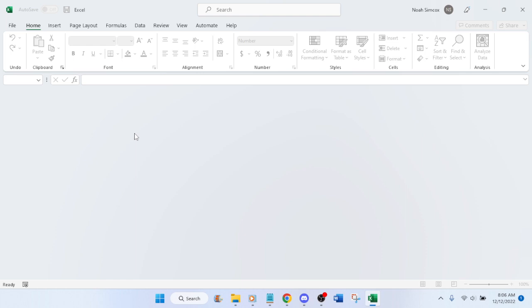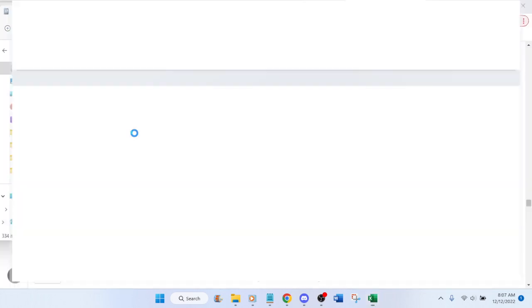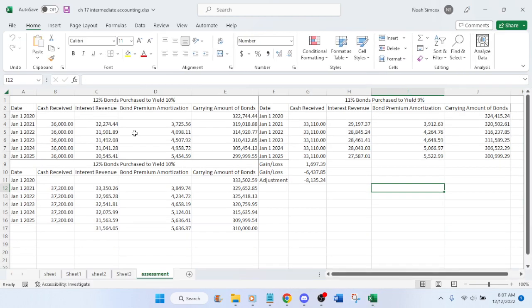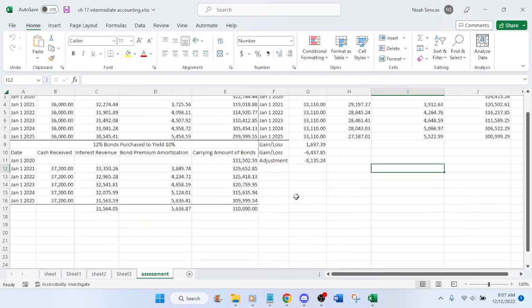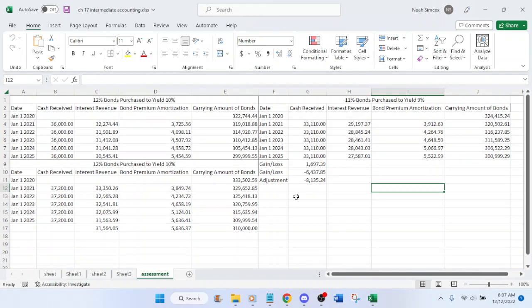What the heck is this? Look at all these sheets. Oh, yeah, so here's the assessment. Oh, yeah, you know what? It was so dumb. I hated how they did that.